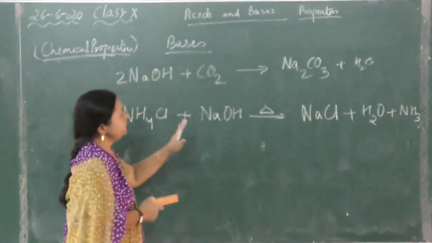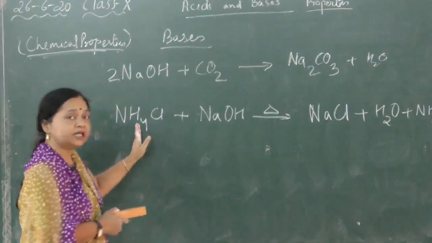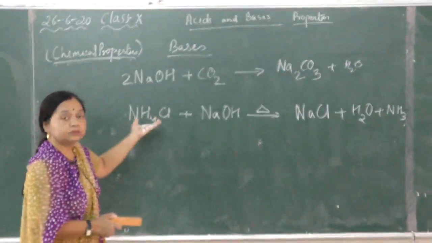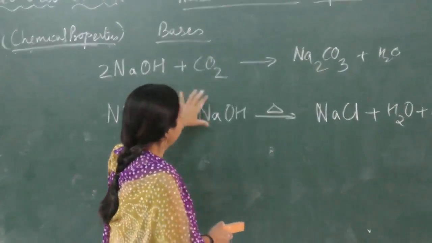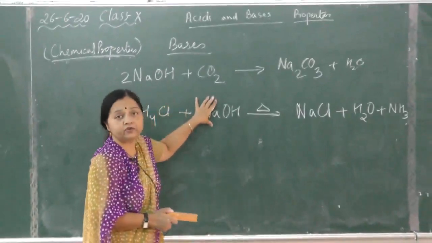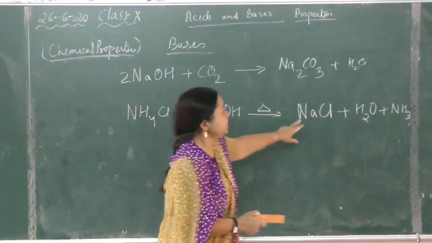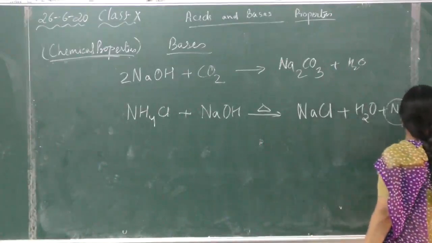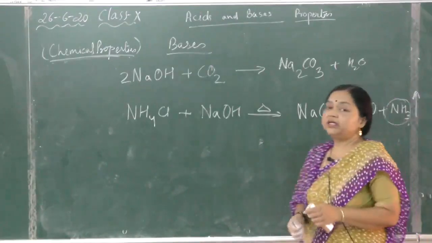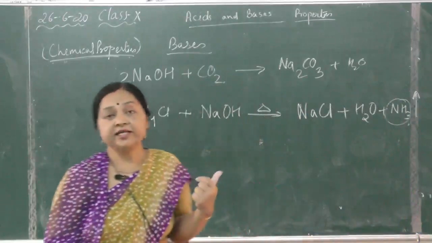So NH4Cl, it can be a sulfate, a nitrate, a chloride, any ammonium salt, when warmed with an alkali, gives a pungent smelling gas, that is ammonia. You have to write the test of ammonia.